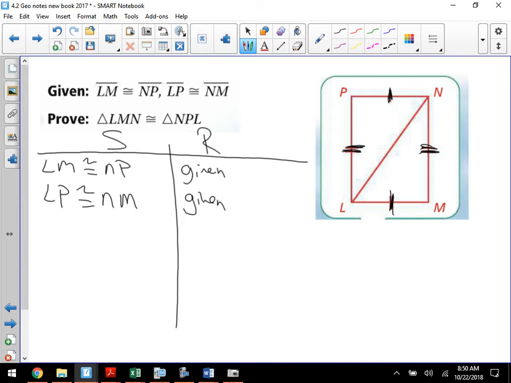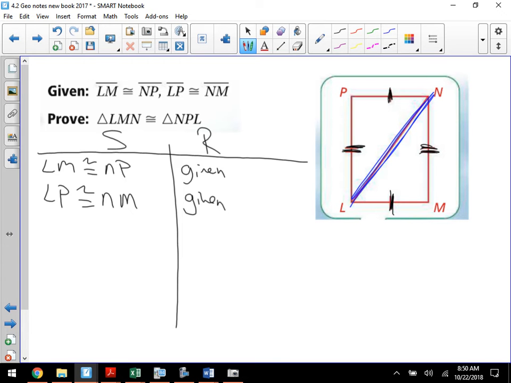What is that thing that we look for? What's that? Shared side. Is there a shared side there? What's shared between those 2 triangles? LN, right? Everybody see how this one is shared between the 2?